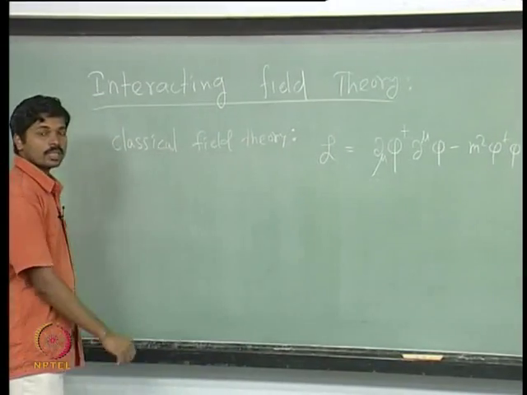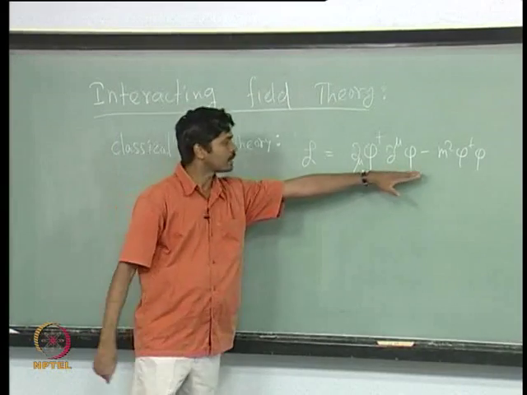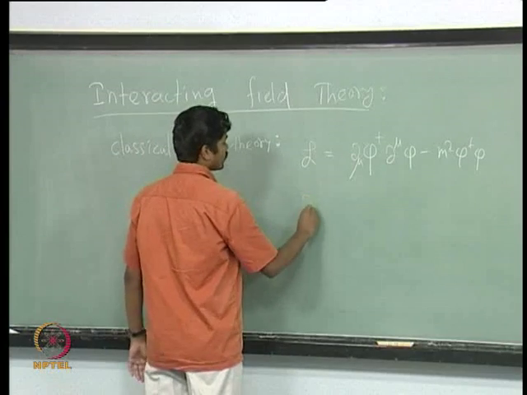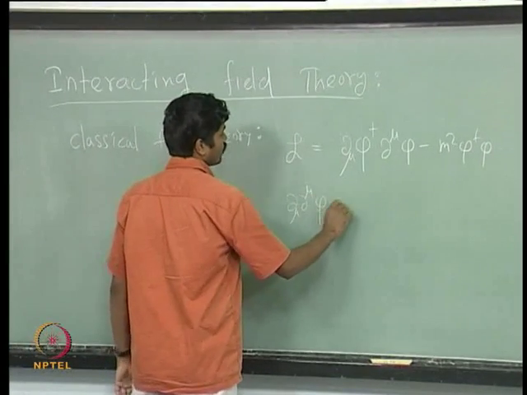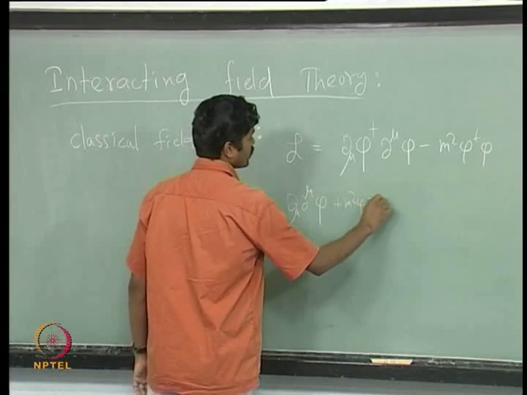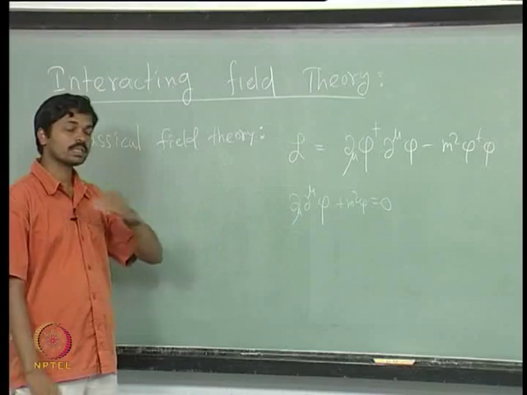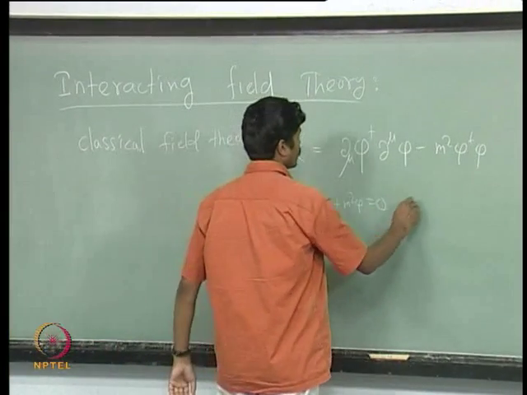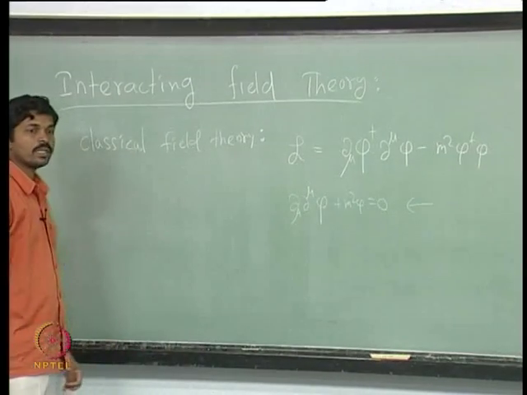We will see how interactions come very naturally in this theory. As of now, it is a free field theory. The equation of motion for this field theory is del mu del mu phi plus m square phi equal to 0. It is a linear equation, there is no source, and hence it is a free field theory. We will see how we can introduce interactions in a very natural way in this free field theory.